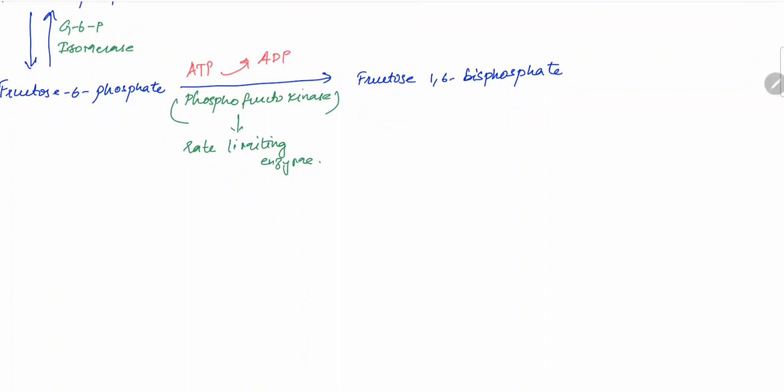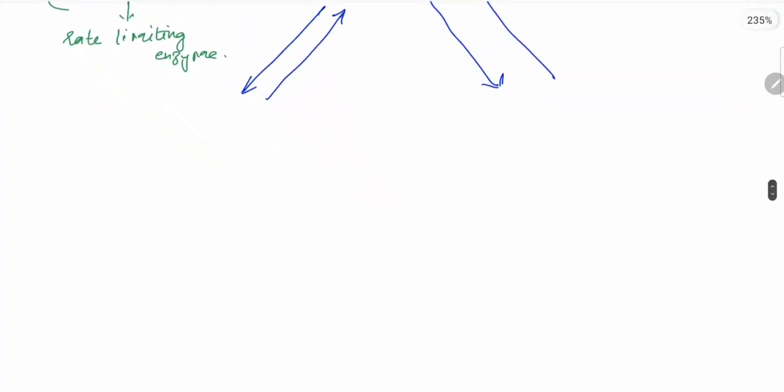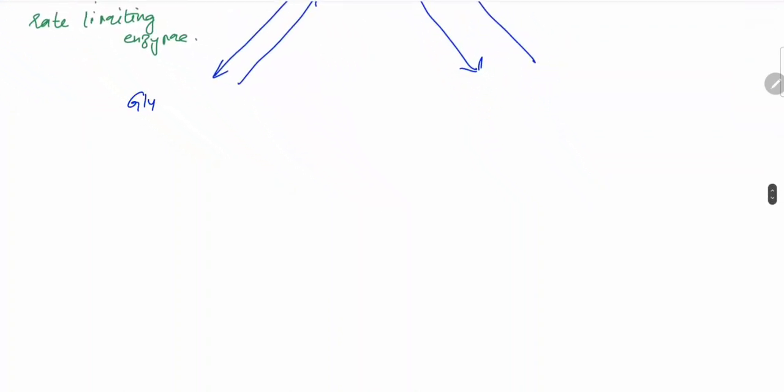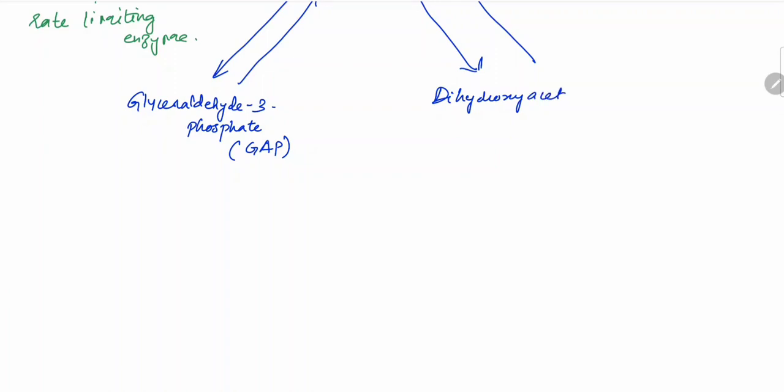And then this fructose 1,6 bisphosphate is converted into two compounds, namely glyceraldehyde phosphate, called GAP, and dihydroxyacetone phosphate, called DHAP.